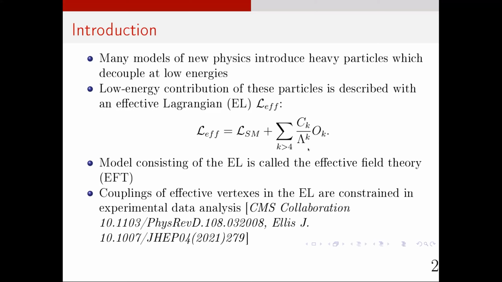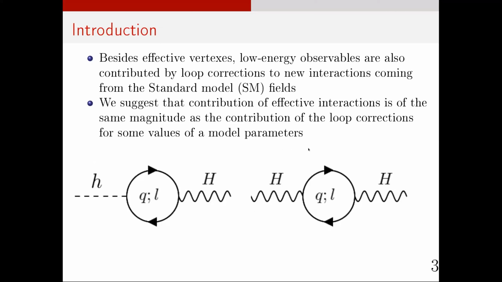It could be of order of several tera electron volts, and given that, we assumed that not only effective vertices could have some contribution to the cross sections or observables of scattering processes, but also loop corrections could have an effect on these observables.